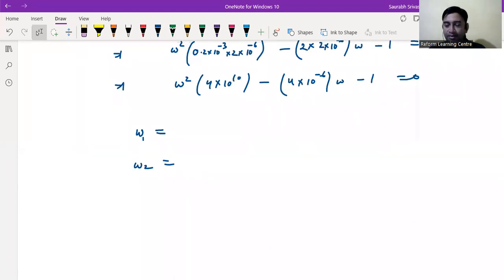What is the value of omega 1 and omega 2? Quadratic equation. Calculator में put करिए values को. Anyone? 5 into 10 raised to 4 minus 10 है. Yes.